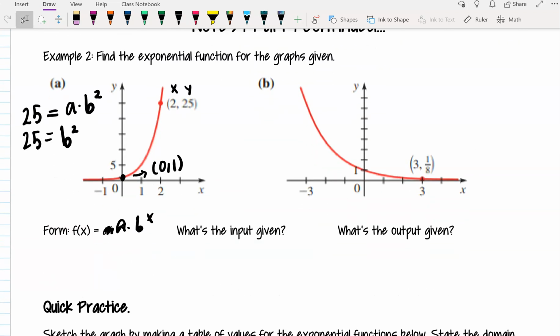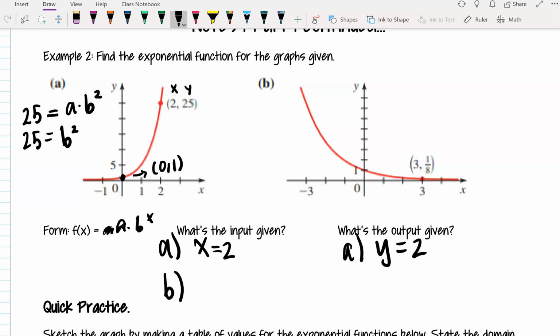Okay, so in the questions at the bottom for part A and B, it says what input is given and what output is given. So our input here is at x equals 2, and our output here is at y equals 25. So when we do this, we need to ask ourselves, what is being squared? Okay, how could we solve this?